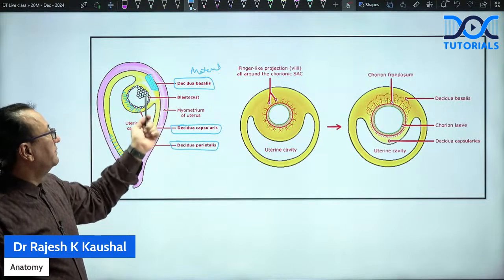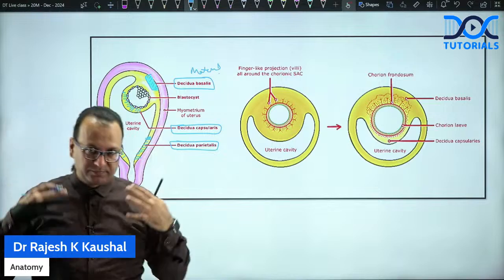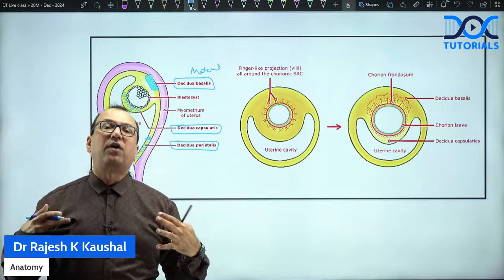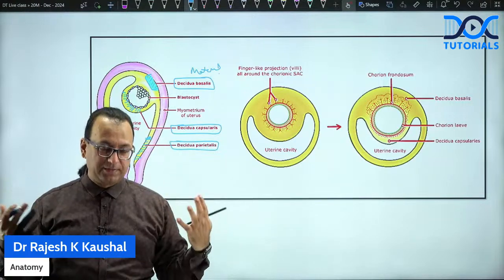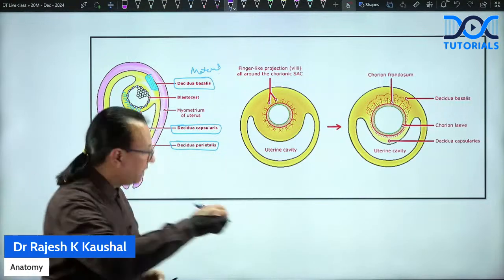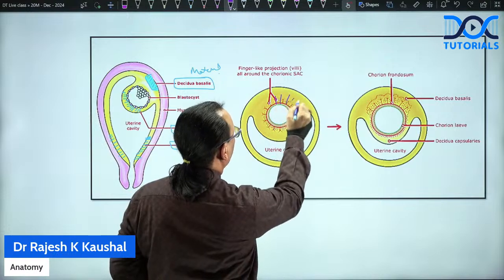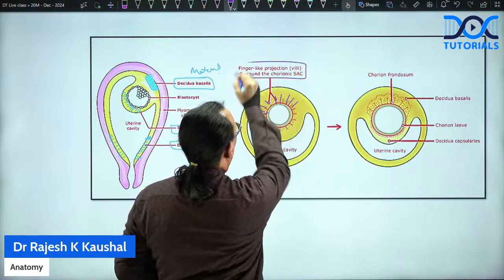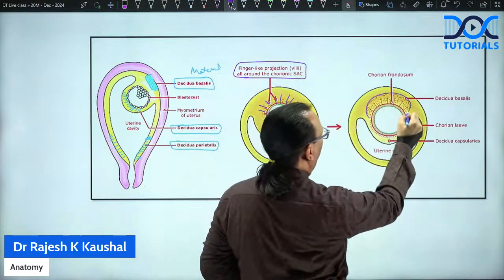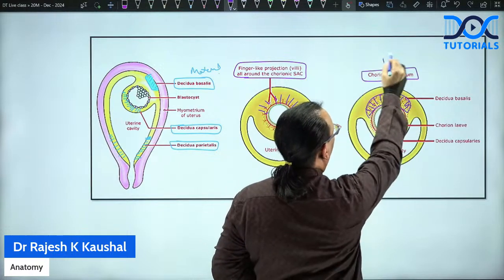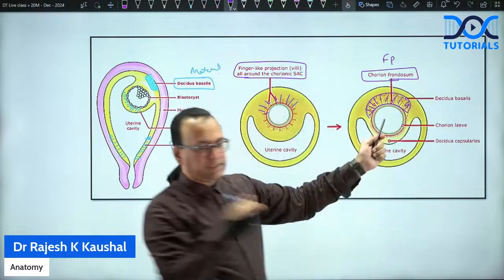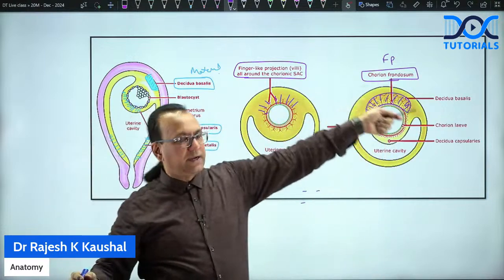And what about the baby? The baby was developing trophoblast. Trophoblast will form the villi, primary, secondary, tertiary villi, chorionic villi. As the baby is forming those finger-like processes, villi, they are going to contribute this part. That is the chorion frondosum, and that is the fetal placenta. That fetal placenta will then communicate with the maternal placenta.